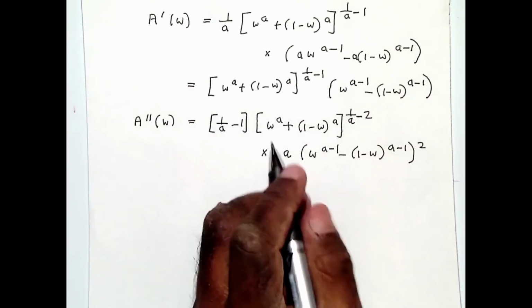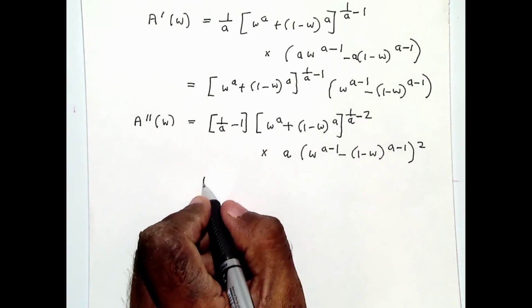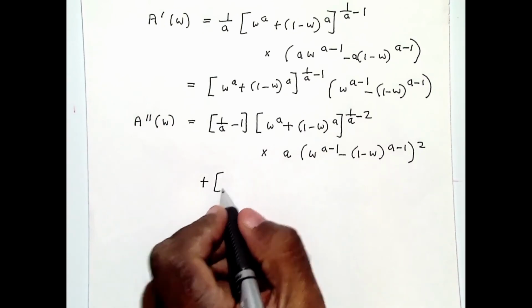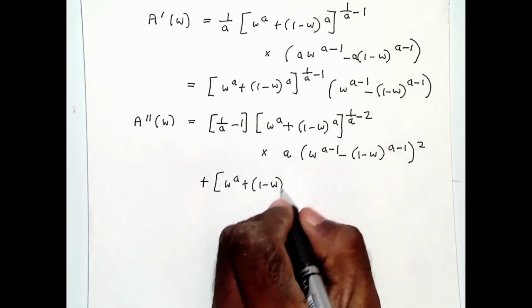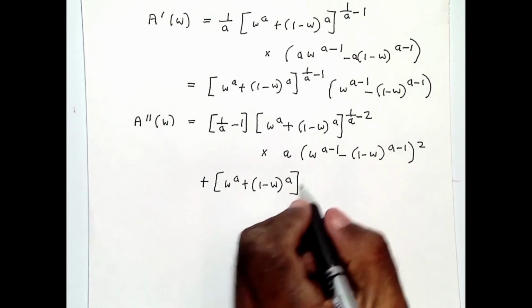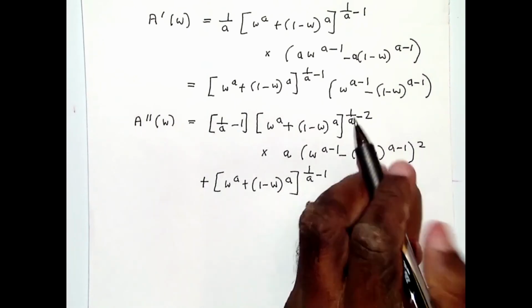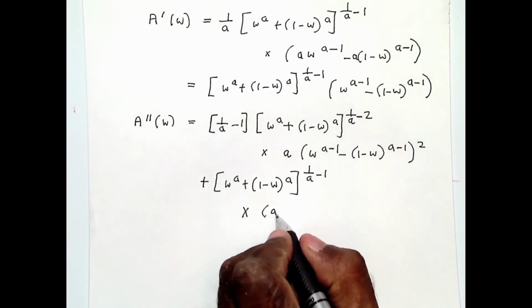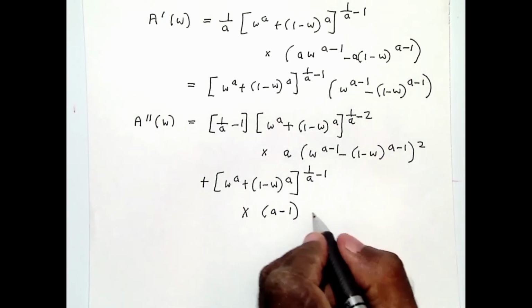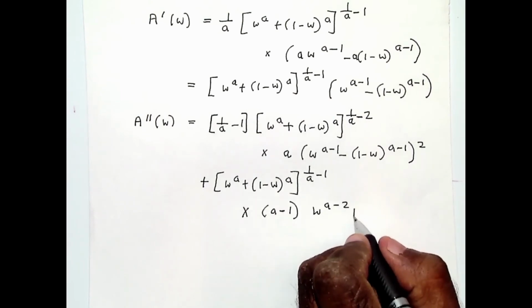The second part of the product rule is going to be this, times the derivative of this, which is a minus 1 times w a minus 2, plus.